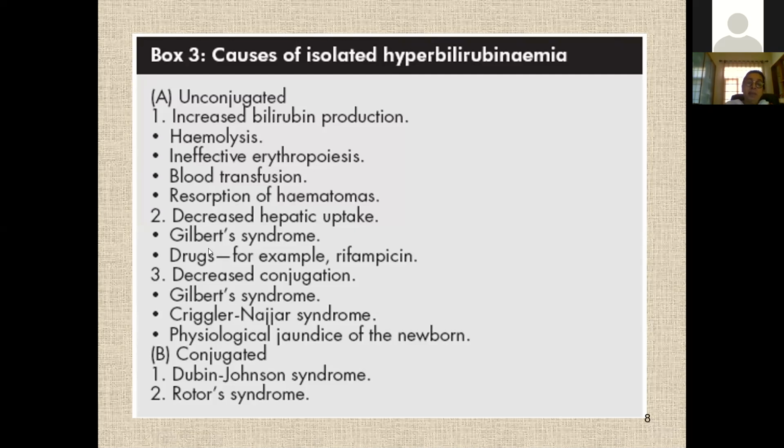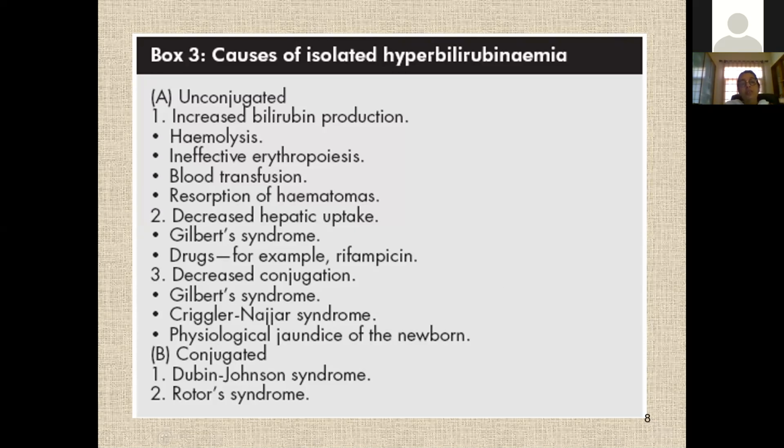Then decreased hepatic intake, which is Gilbert syndrome. There are various medications, rifampicin. Then there is Crigler-Najjar syndrome. And there is physiological jaundice of the newborn, in which again unconjugated bilirubin is increased. Then there are two causes of increased conjugated bilirubin, which are Dubin-Johnson syndrome and Rotor syndrome.